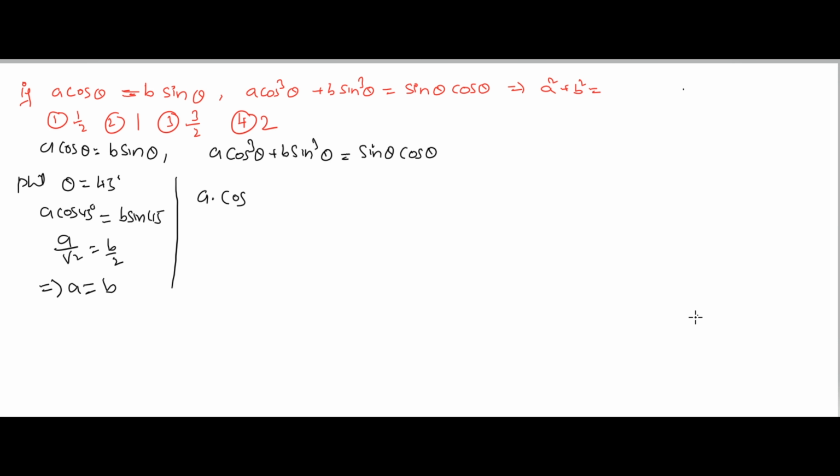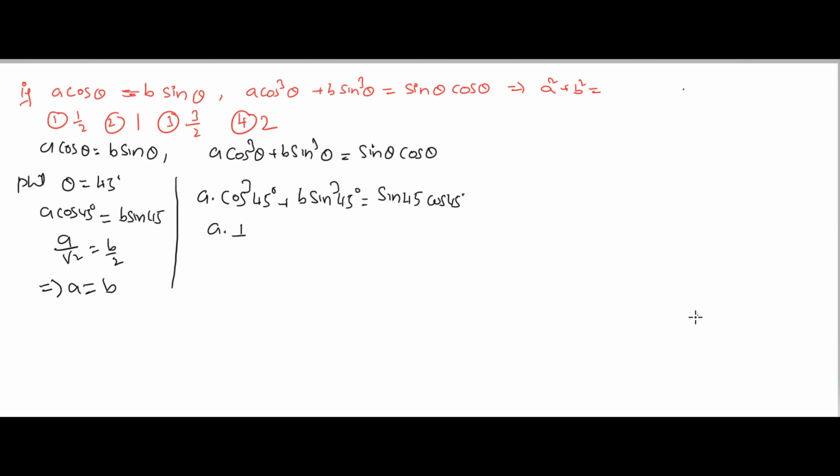A into cos cube 45 degrees plus B into sin cube of 45 degrees is equal to sin 45 into cos 45 degrees.